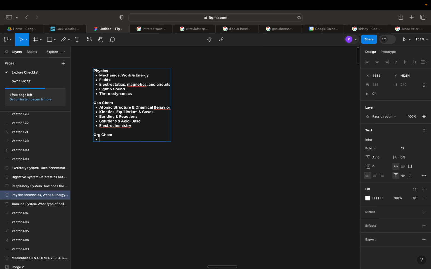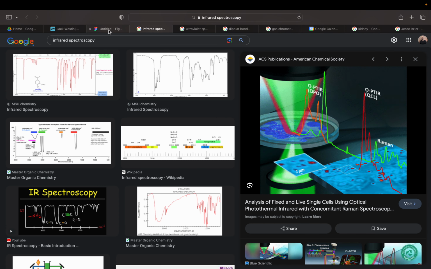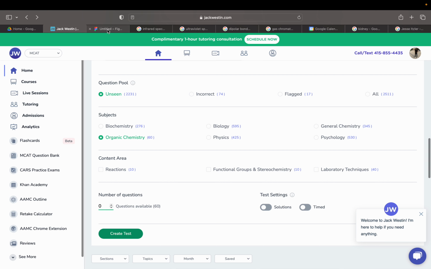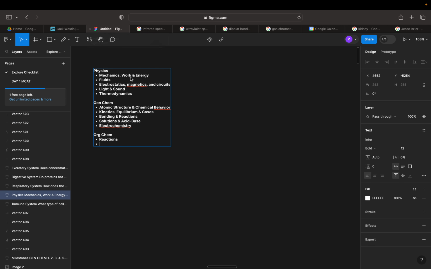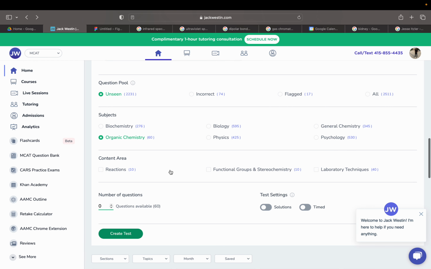So we have reactions, lab techniques, and functional groups and stereochemistry. Cool, now let's get started with these.